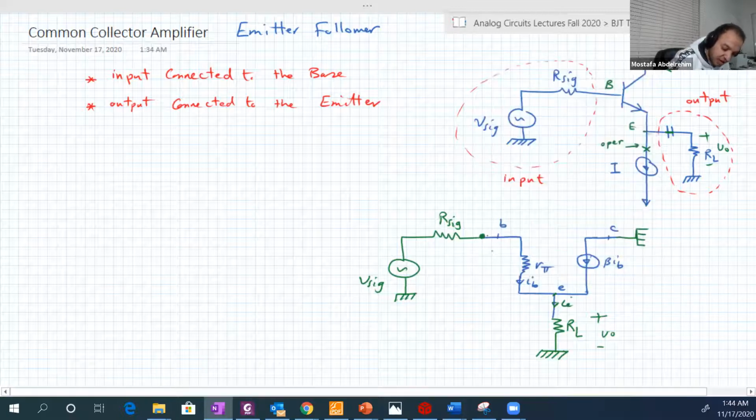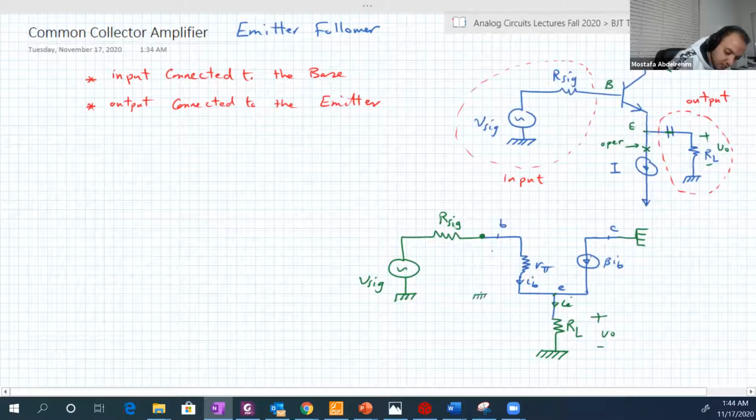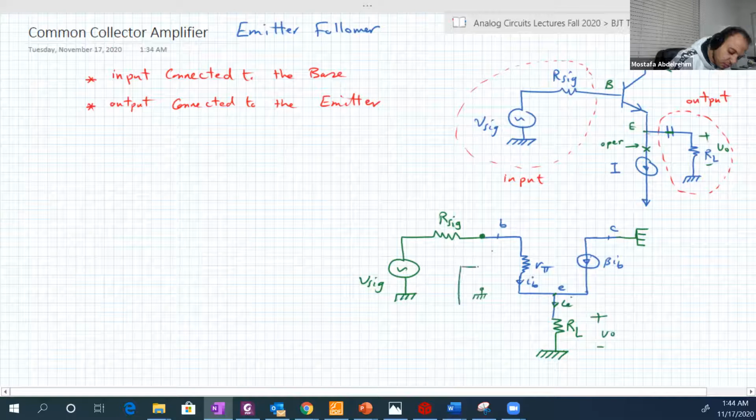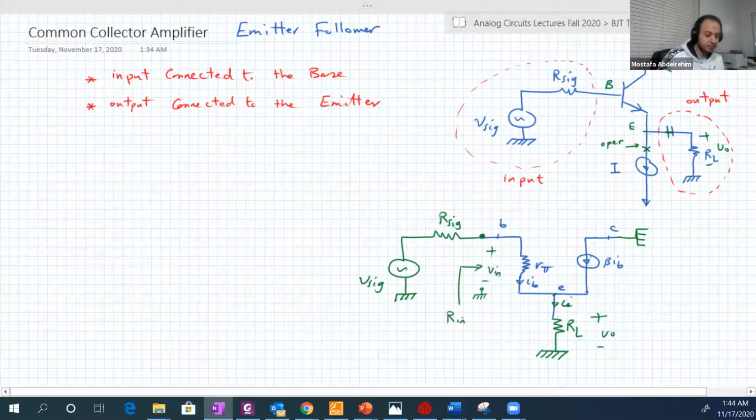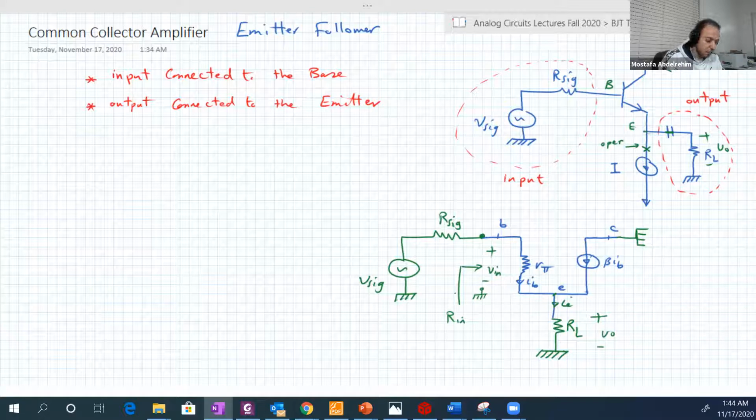So this point here and the ground. The input should be between these two points: the base and the ground.